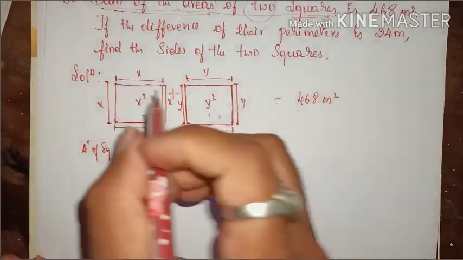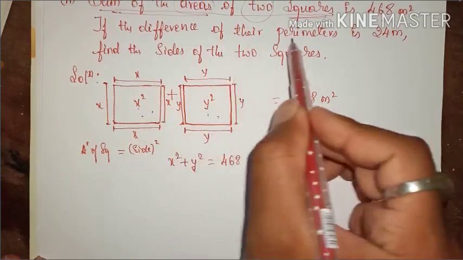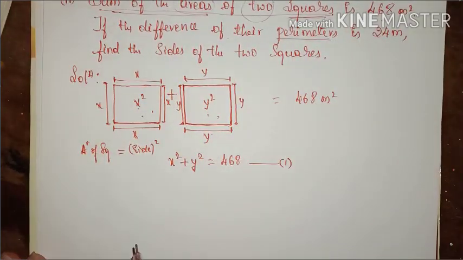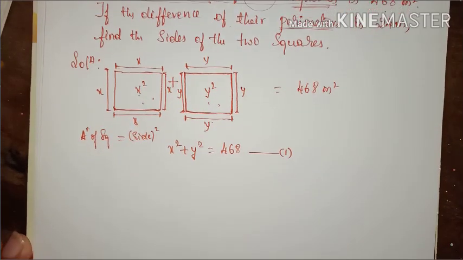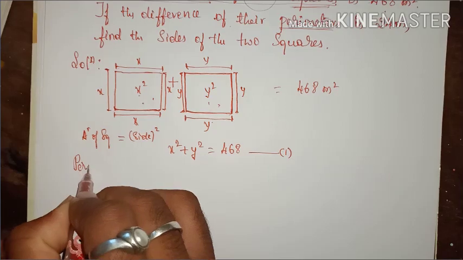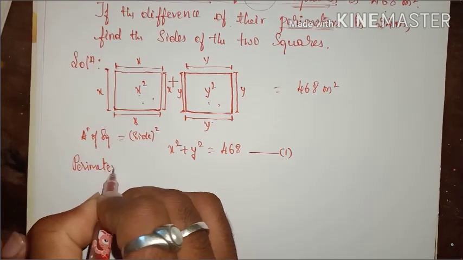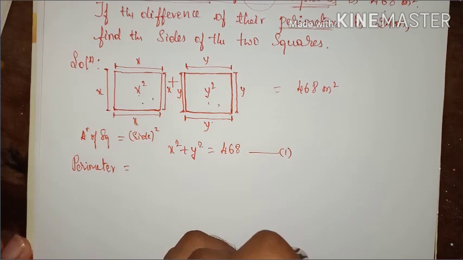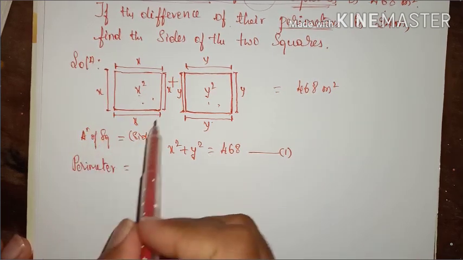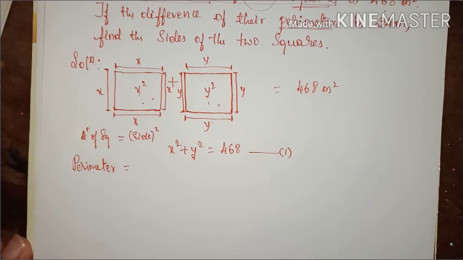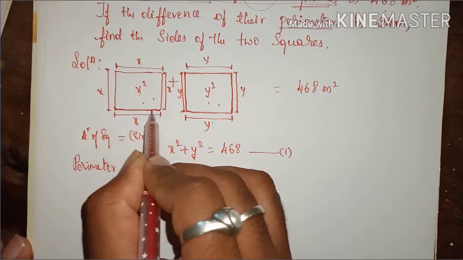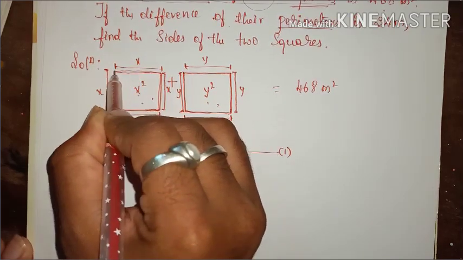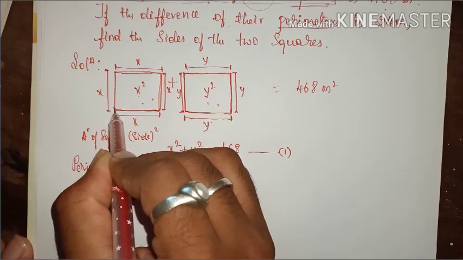The next statement says, if the difference of their perimeters. Let's go with the perimeter. What is the formula? Perimeter means the boundary of that square, isn't it? Any solid you can take. So the boundary is from here to here, here till here and till the end.